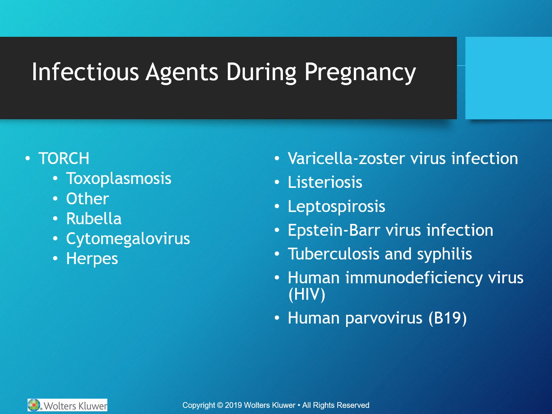Other infections that can cause fetal anomalies include varicella zoster virus infection, syphilis, tuberculosis, and HIV. Some of the clinical manifestations we see can be growth retardation and abnormalities of the brain, microencephaly, anemia, thrombocytopenia, pneumonitis, myocarditis, and congenital heart disease.